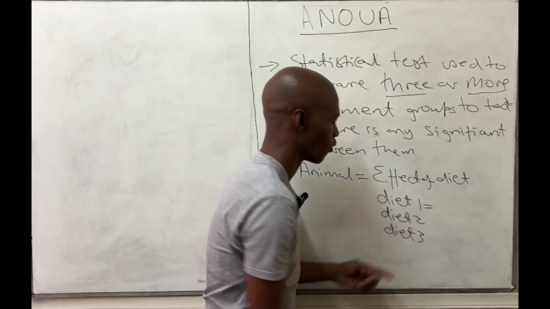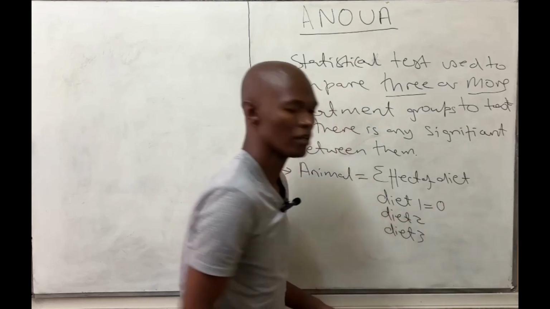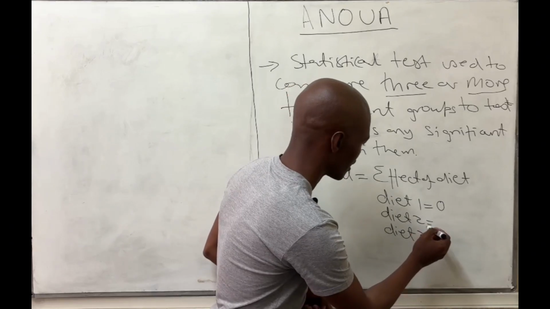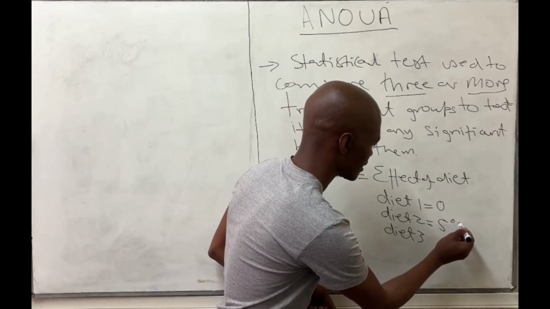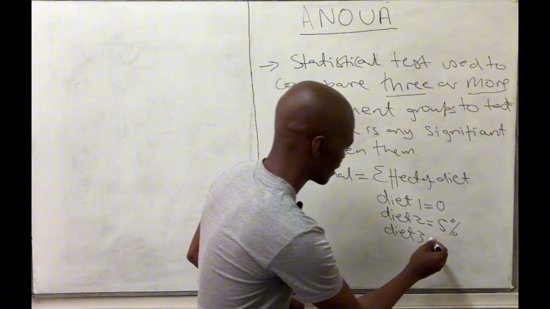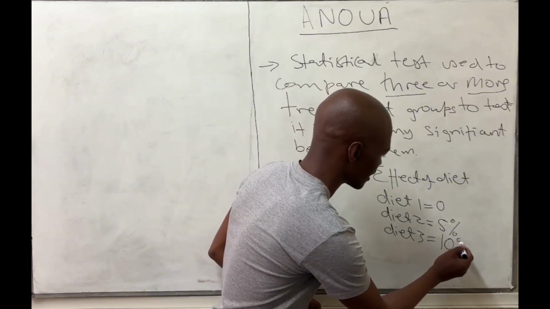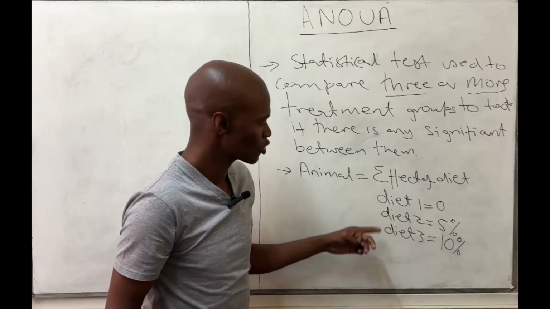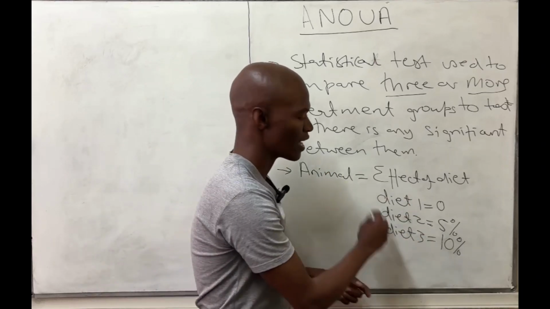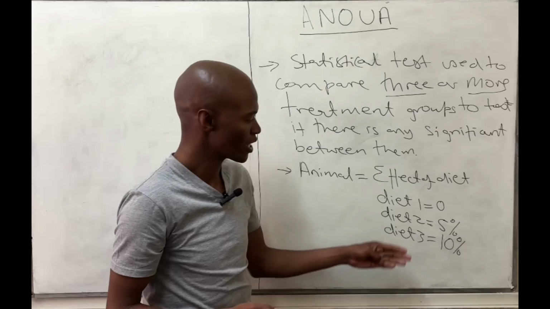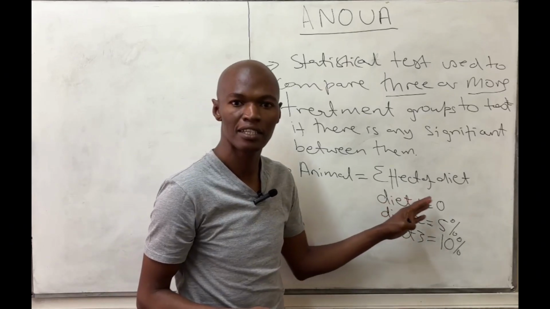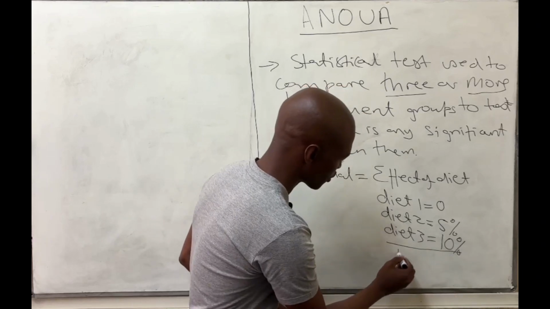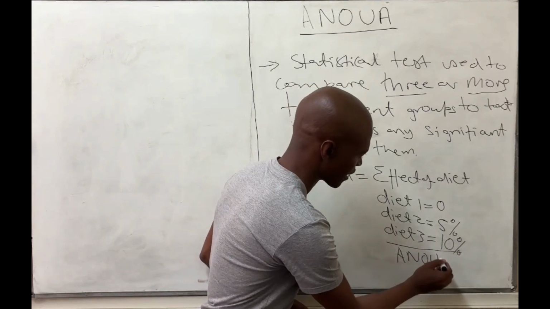Maybe your diet number 1 is your control, which is 0% of your diet of interest. Then diet number 2, maybe you have 5% for your diet of interest. And then the other one, maybe you have 10%. So now you want to use a statistical technique to investigate if there are any significant differences between these three treatment levels of your diet. So in this example, that's where you are forced to use analysis of variance.